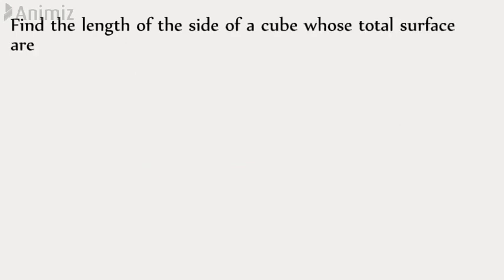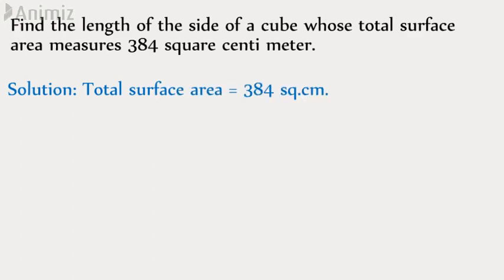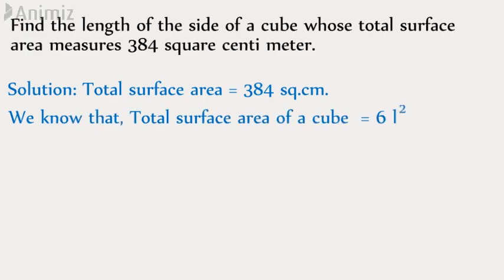Let's take another example. Find the length of the side of a cube whose total surface area measures 384 square centimeter. Solution. Given total surface area is equal to 384 square centimeter. So we have to find the length of the side of a cube. We already know that total surface area of a cube is equal to 6L square.